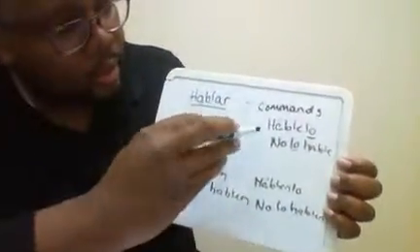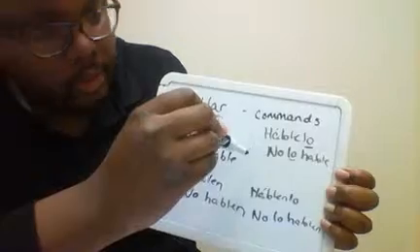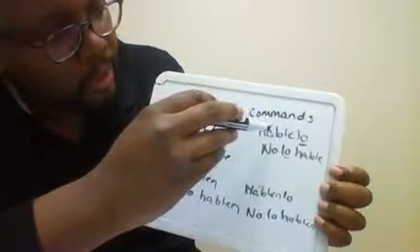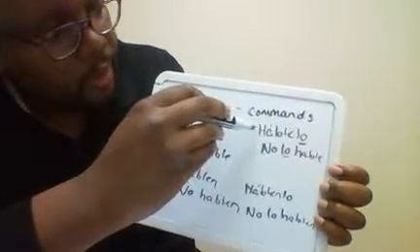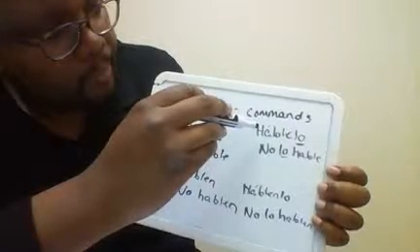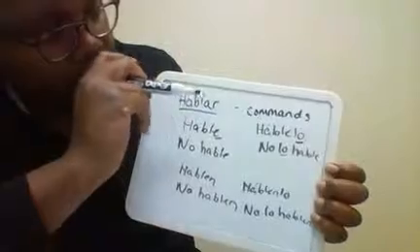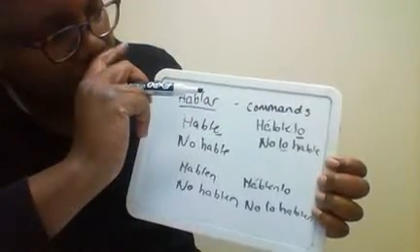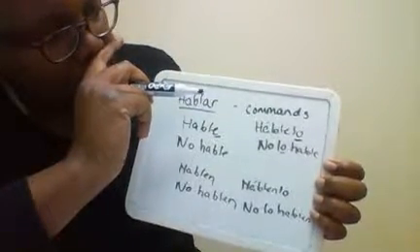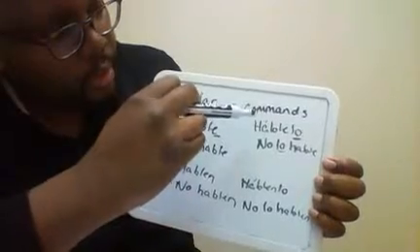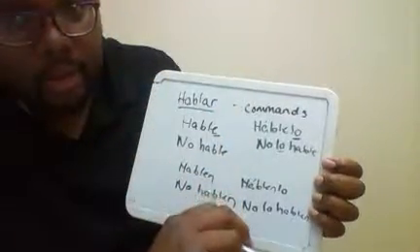Right. And let me explain the accents too. So usually when we have an affirmative command with an object pronoun attached, you're going to have an accent show up on the next to last syllable, right?